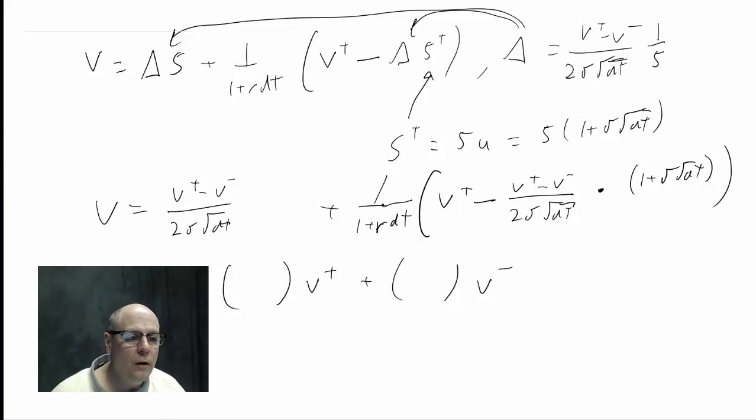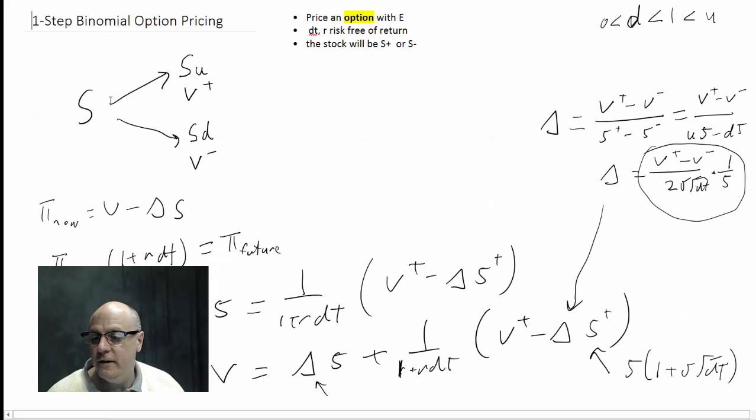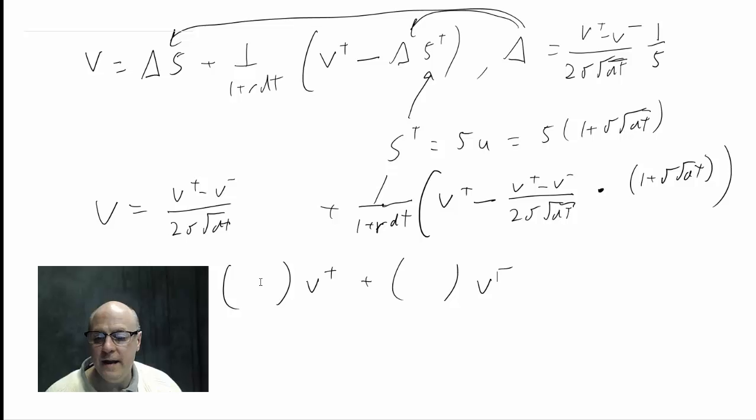Well, go back to our original idea. We figured that the value of the option should be worth some weighted average between the high value and the low value. Well, that's what these brackets are. They're the weighted average. A little bit of the high value plus a little bit of the low value.